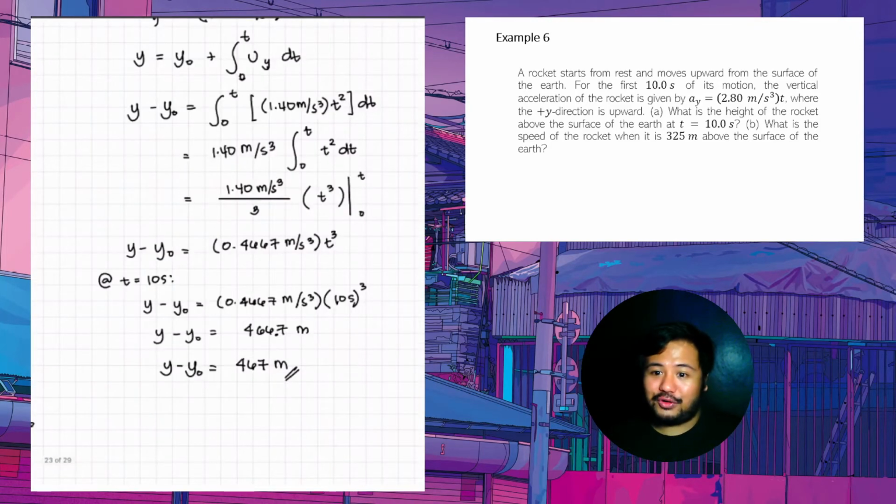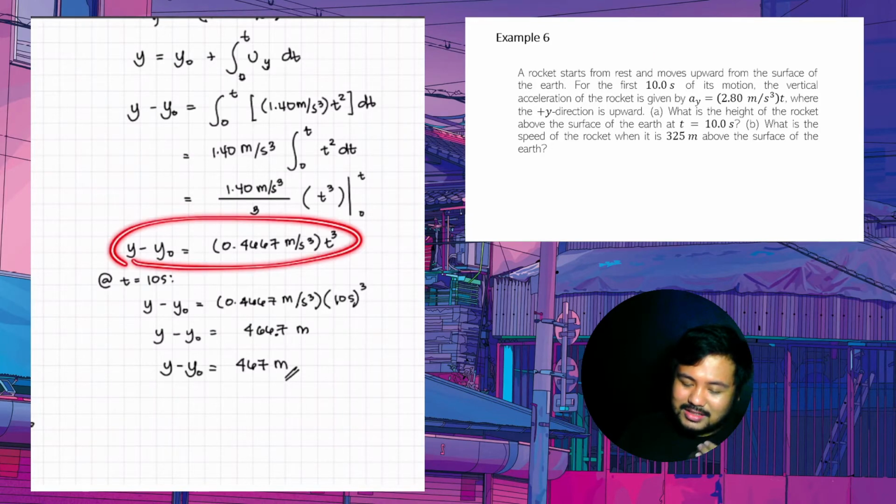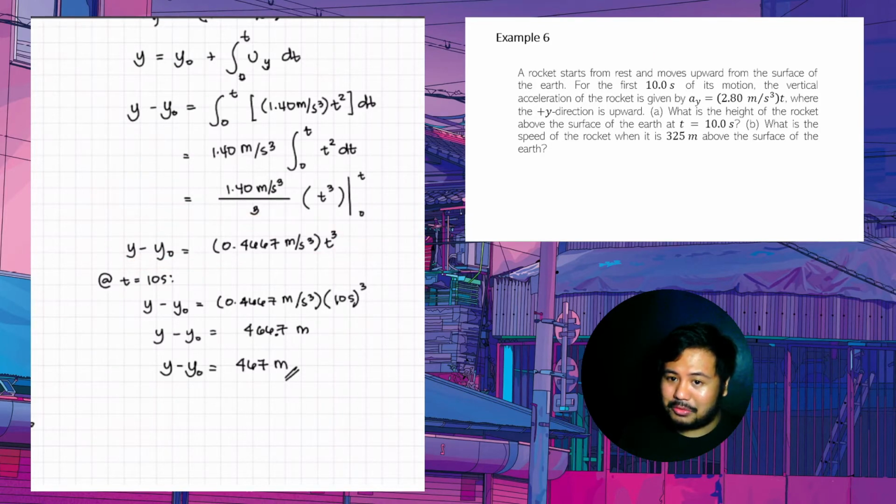Let's now solve for letter B. What is the speed of the rocket when it is at 325 meters above the surface of the Earth? So we now have the change in position that is equal to 325 meters. What we're going to do is just solve for the time t. In this equation, we have the y minus yo. We could easily substitute 325 meters there and get time t.